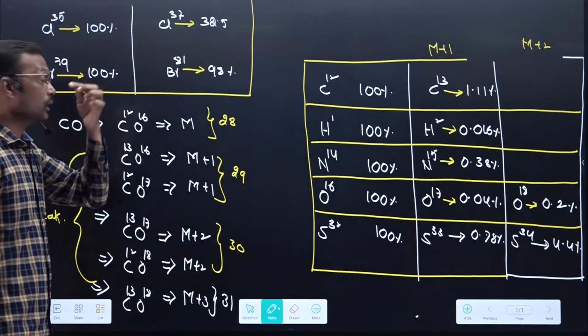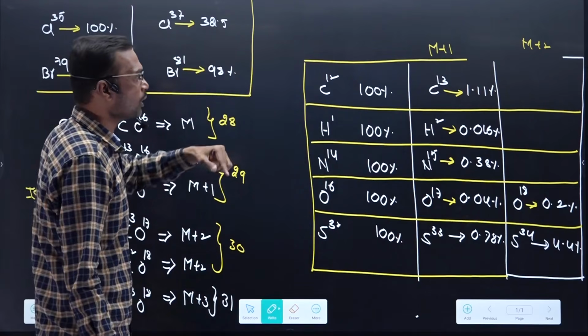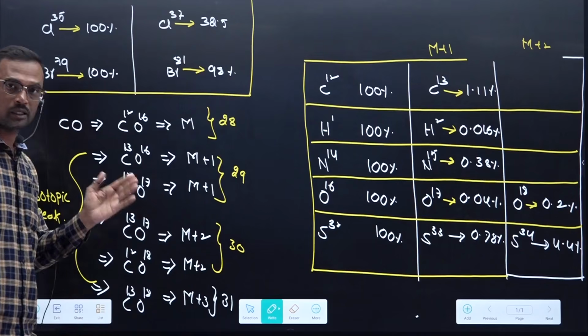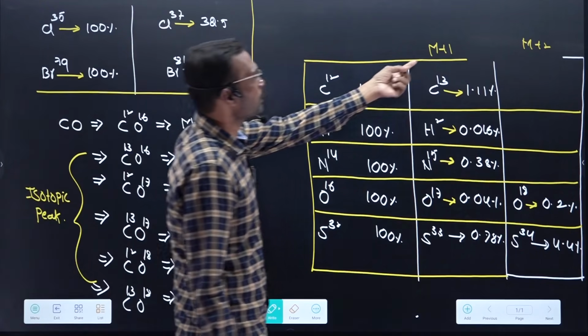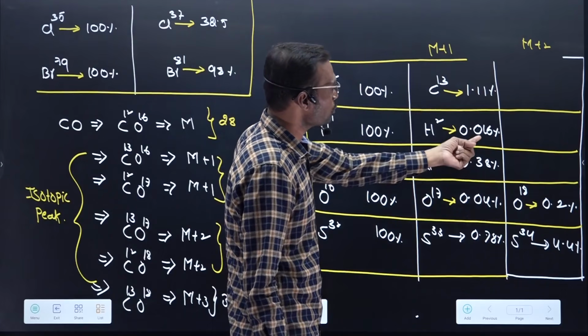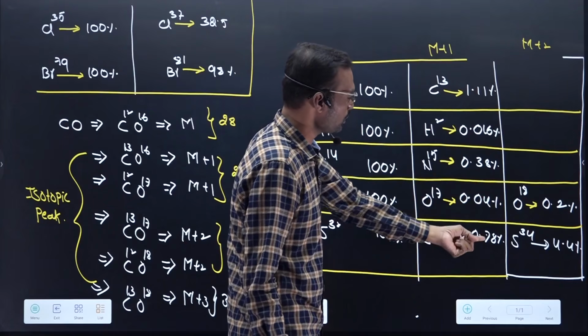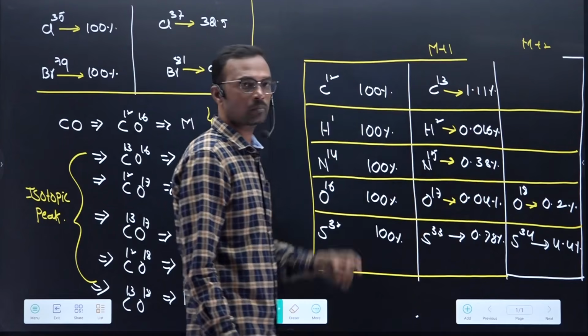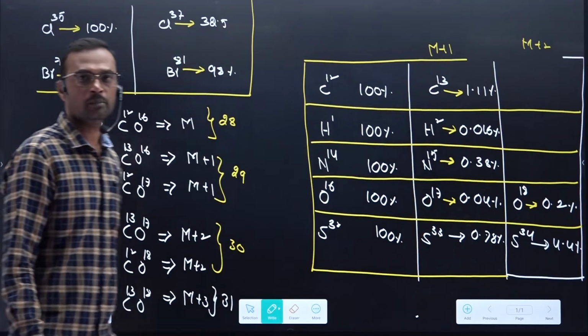So based on the contributing elements, we can identify what type of element is present in a given organic sample. In the M plus 1 peak, 1.1%, but see 0.016, 0.3, 0.04, 0.78: almost all, maximum carbon and sulfur contribute to the intensity of the M plus 1 peak.